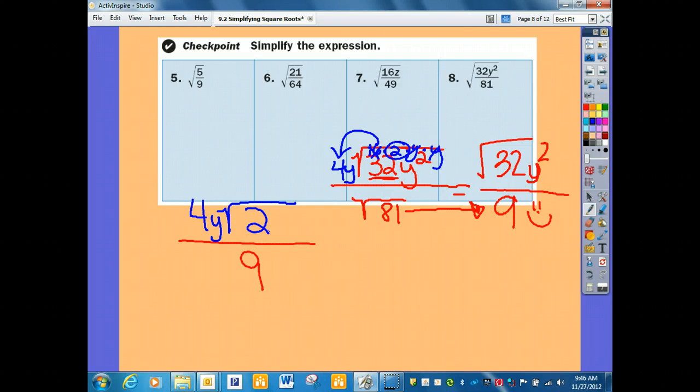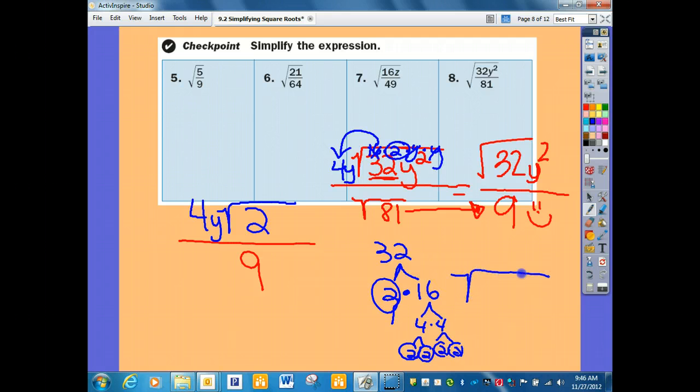There we have it. Now if you would have done the 32 factor tree, we would have done 2 times 16. Well, you could have stopped there and said, hey, 16 is perfect. So we got the 2. Break this down to 4 times 4. Then we would have had 2, 2, 2, 2. So we've got 1, 2, 3, 4, 5 2's that would have been in the radical sign, and then we have our 2 y's.